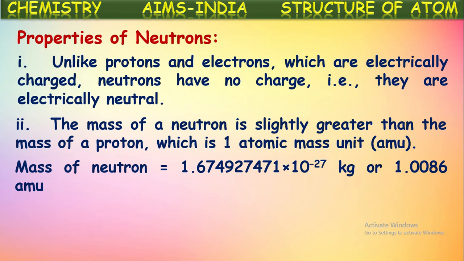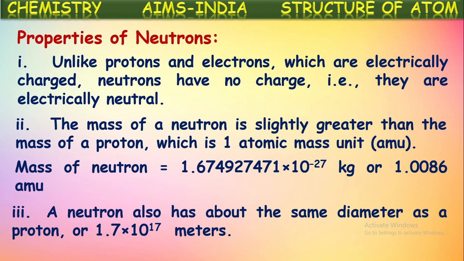That means the mass of a neutron, accurately speaking, is slightly greater than that of a proton. But in calculations, the mass of proton and mass of neutron are considered as 1 atomic mass unit, nearly equal. To say accurately, the mass of neutron is slightly heavier than that of proton.